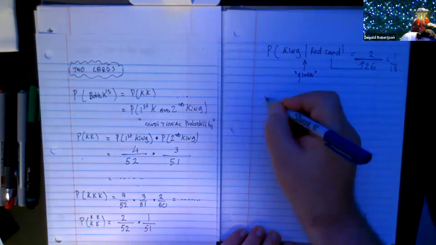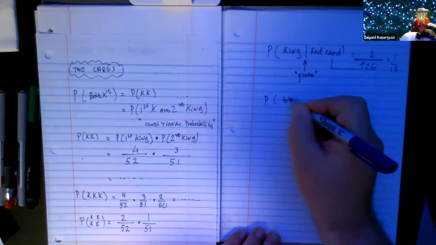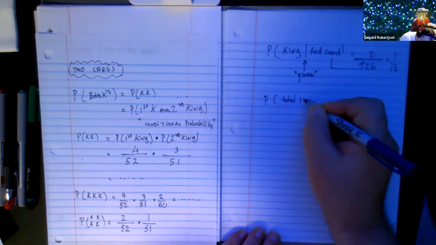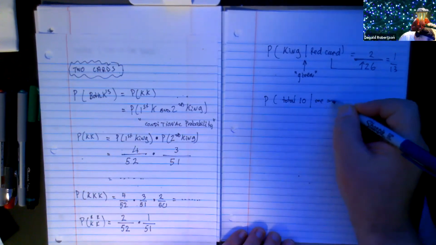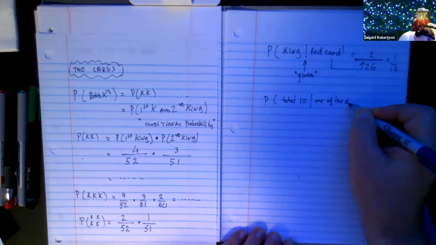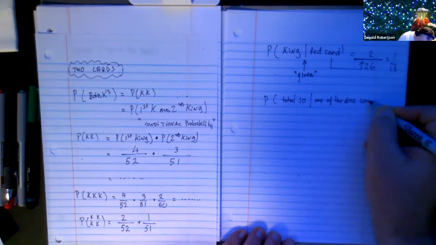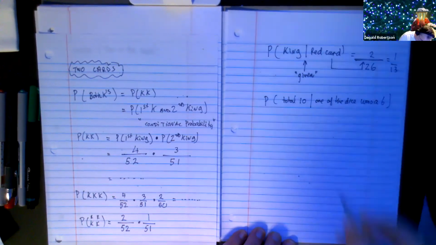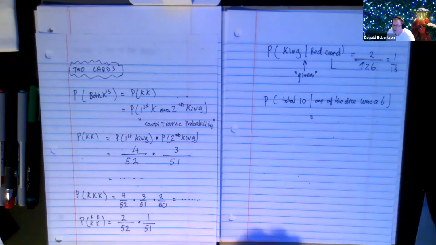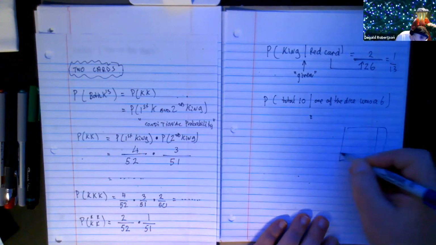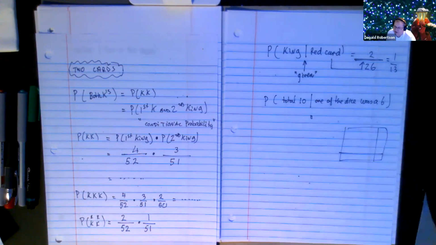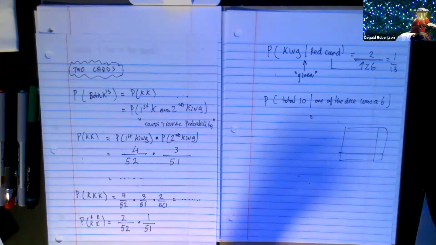Suppose we do the dice one. What's the probability that you get a total of 10 given one of the dice was a 6? Whoa. Now, I'm not going to do the entire table, but remember that big table with all the things that could happen if you threw 2 dice? Right, so you throw 2 dice.